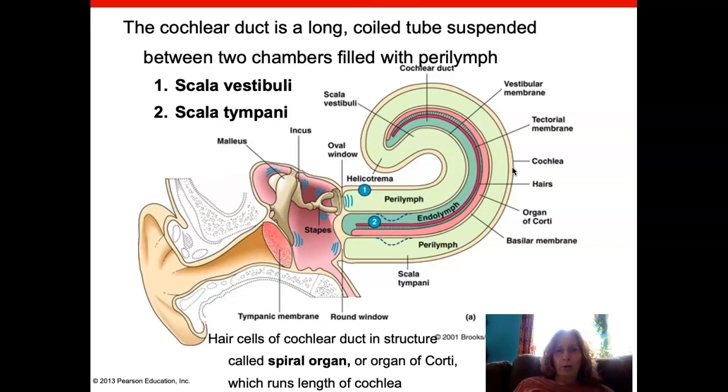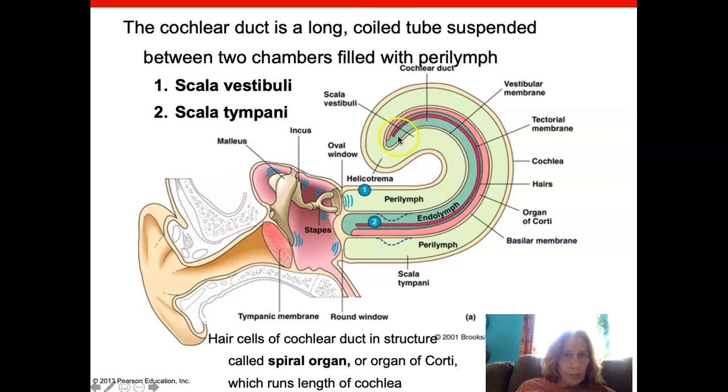Now we want to talk about the inner ear, the cochlea, the organ of hearing. And so this is a picture of that cochlea kind of uncurled. Remember, it's a snail type shape. So here we've uncoiled it just a little bit. So the cochlear duct is a long coiled tube. So inside here, see the cochlear duct.